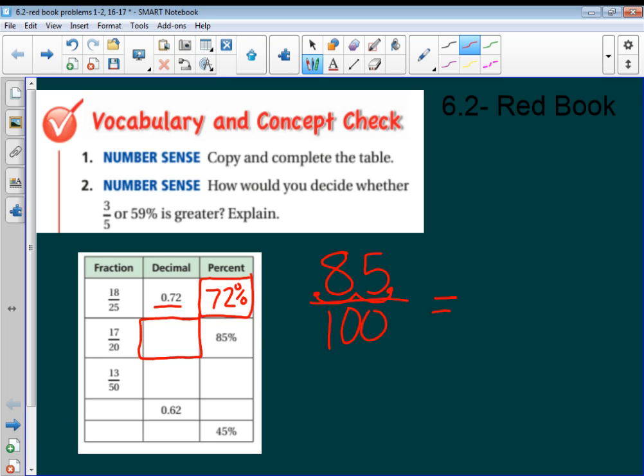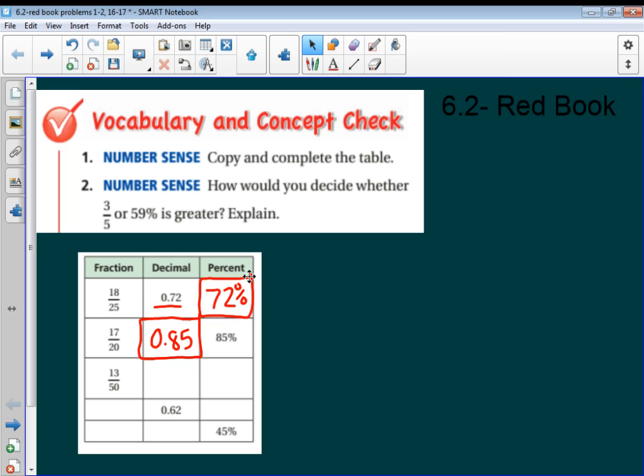It's going to be smaller. So I have 0.85. I did this because when I go from my percent to my decimal, I know that I divide by 100. Okay?